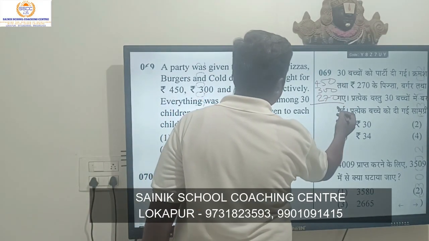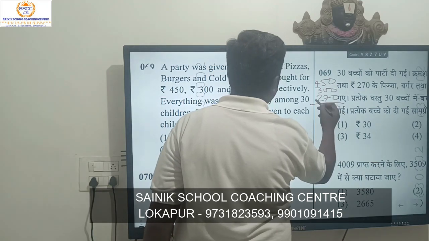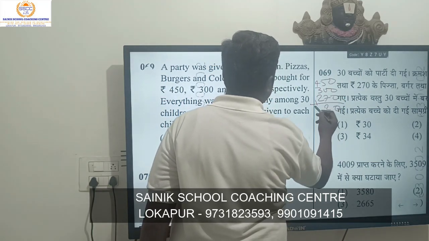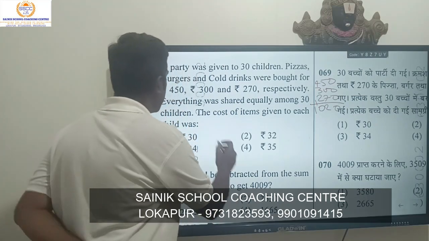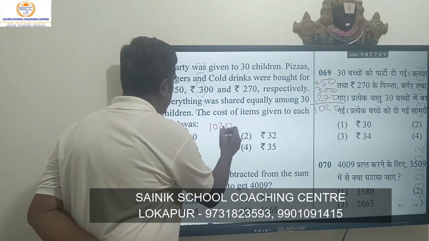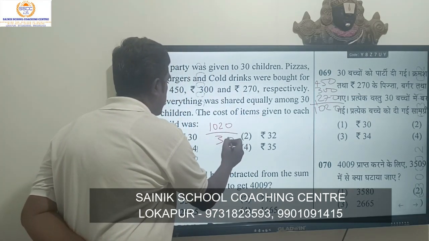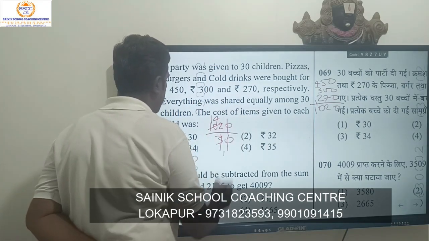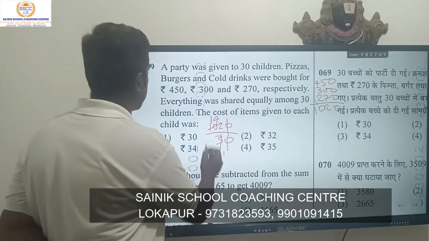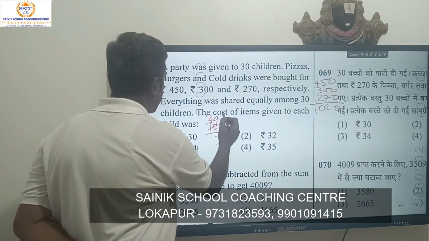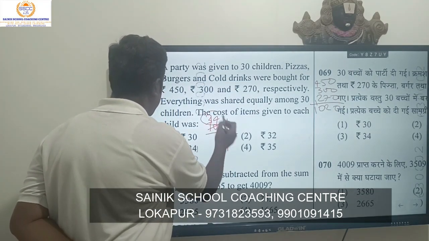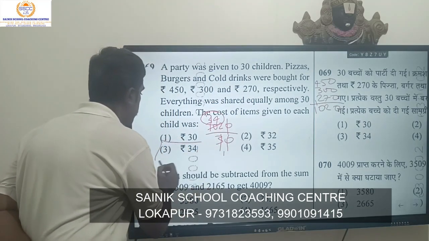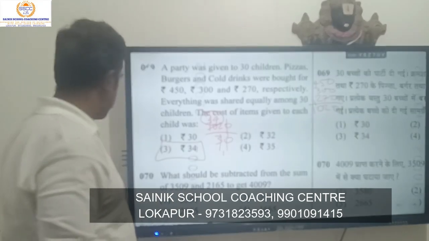We have to find the total. 0, 7 plus 5 is 12, 4 plus 4 is 8, 9, 10. 1020. So the average will be 1020 divided by 30 children. 3 ones are 3, 3 threes are 9, 3 fours are 12. So 34 is the right answer. Option C, 34 is the right answer.